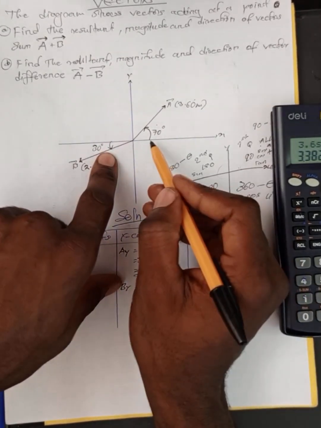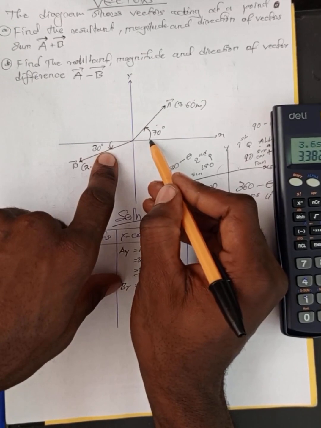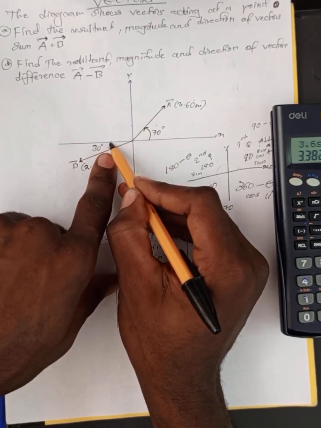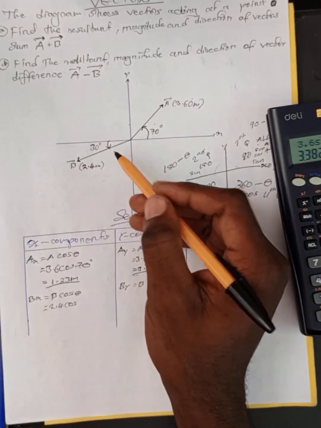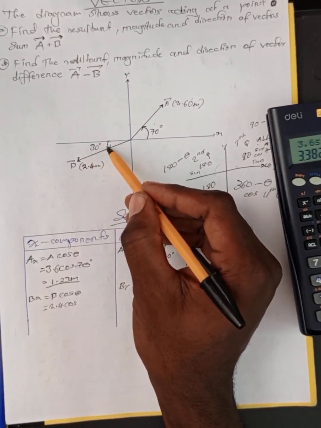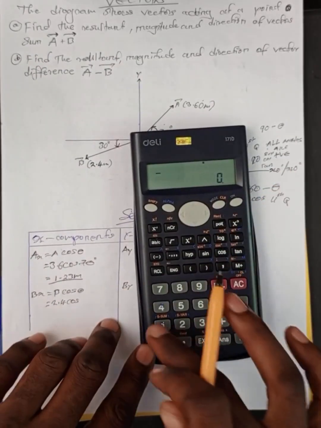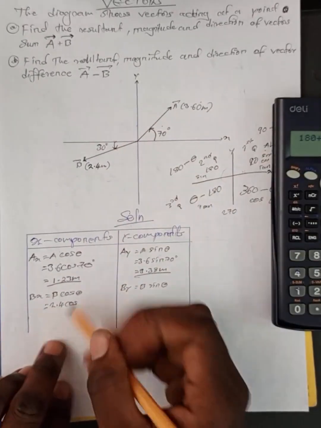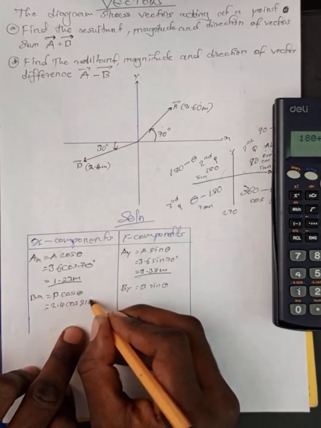But I said that we measure the angles from the x-axis. So from here to here it is 90, from here to here it is 180, plus the addition of this angle, so it is 180 plus 30. Meaning it is 210. We are going to have a 210 there.